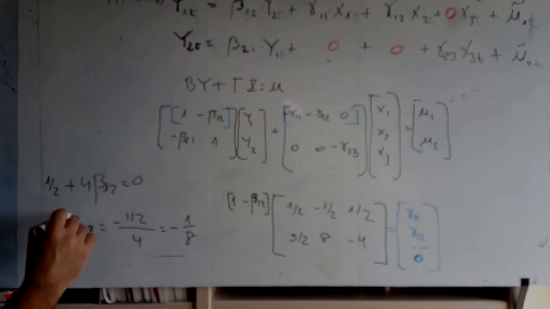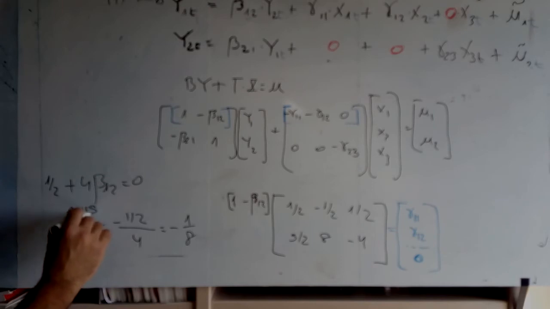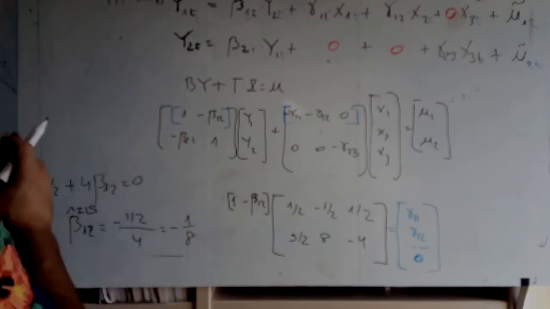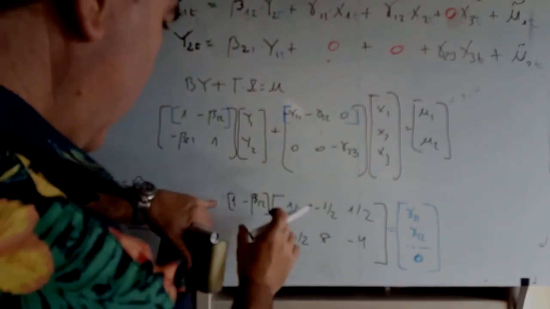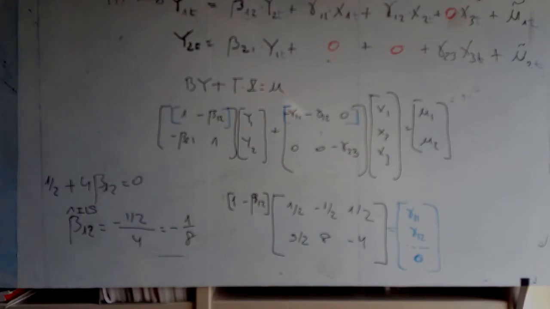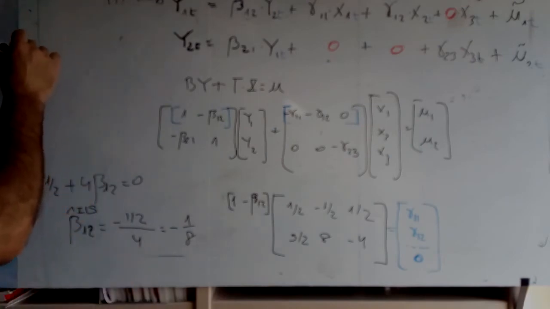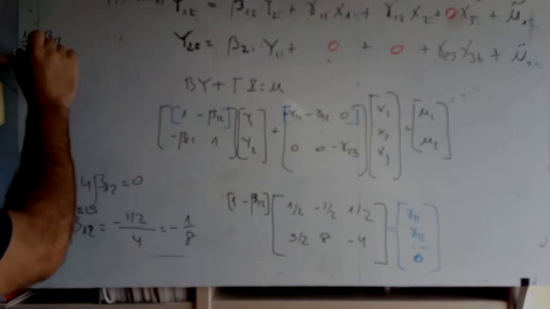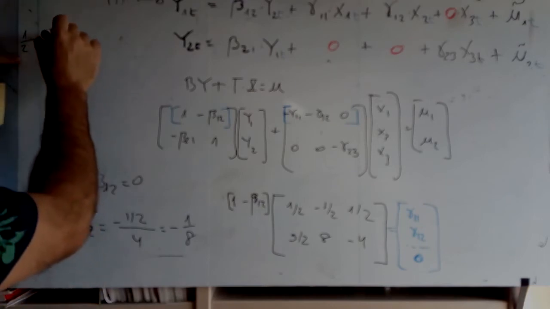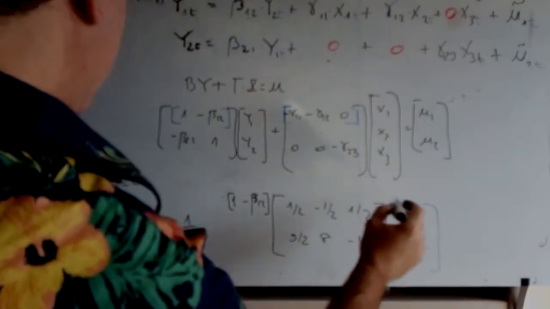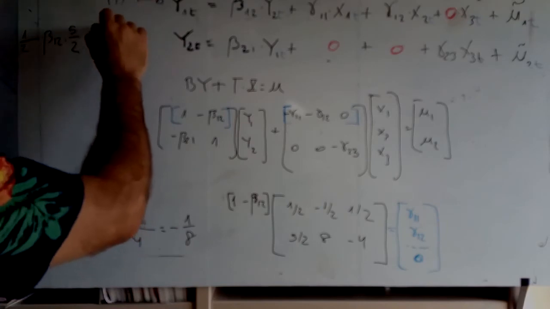This is the beta estimation using indirect least squares. For the rest of the group, we can do the same. Let's begin with first row by first column. What we know is that 1/2 minus beta 2 1 times 5/2 has to be equal to gamma 1 1.